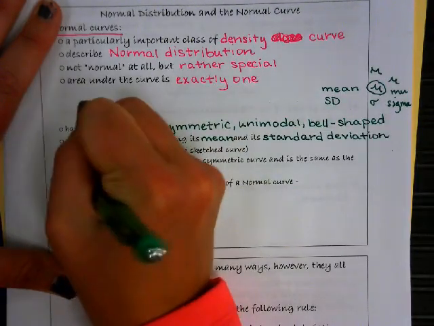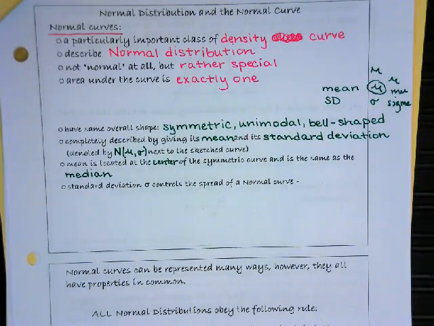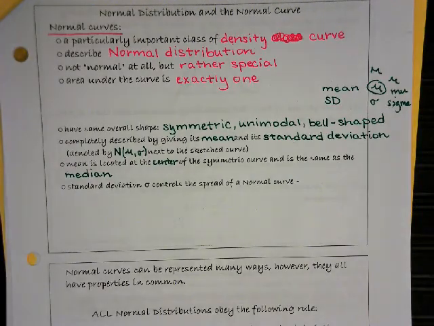So in a normal curve, our mean and our median are exactly the same. Standard deviation, your sigma, controls the spread of the normal curve. So the larger your sigma, the more spread out your data. The smaller the sigma, the closer together the data is.